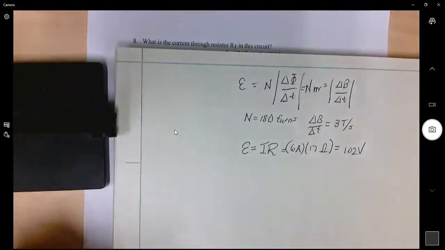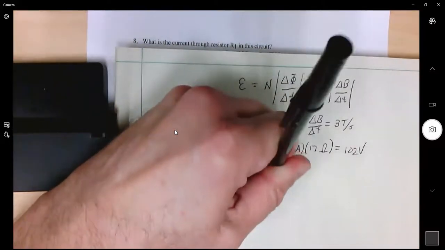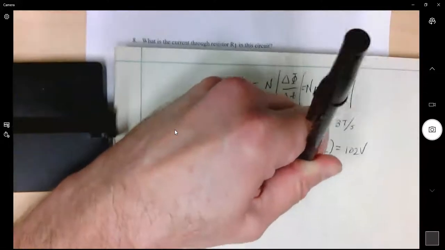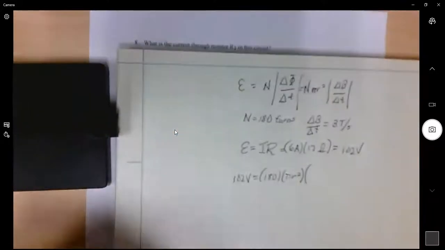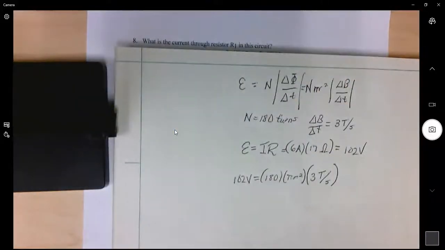Okay, and so now I know the number of turns, I know delta B over delta T, I can solve for pi r squared. So 102 volts is equal to 180 turns times pi r squared times 3 Tesla per second.